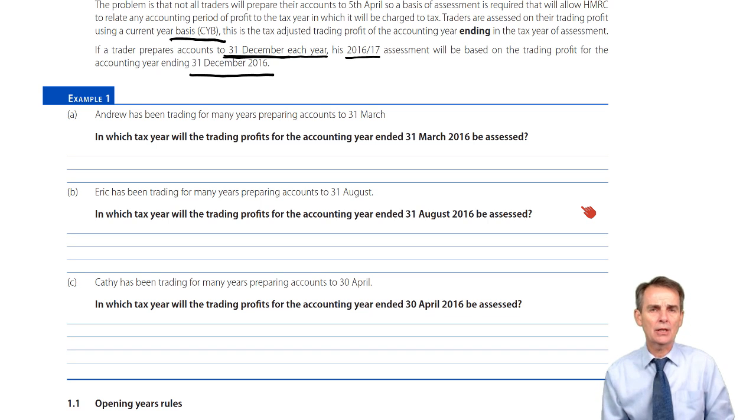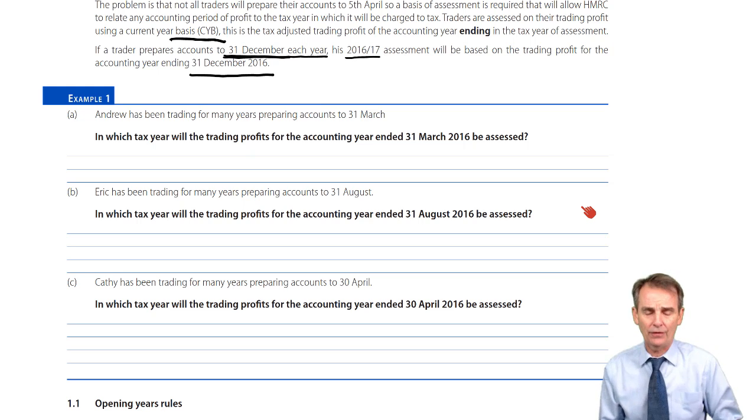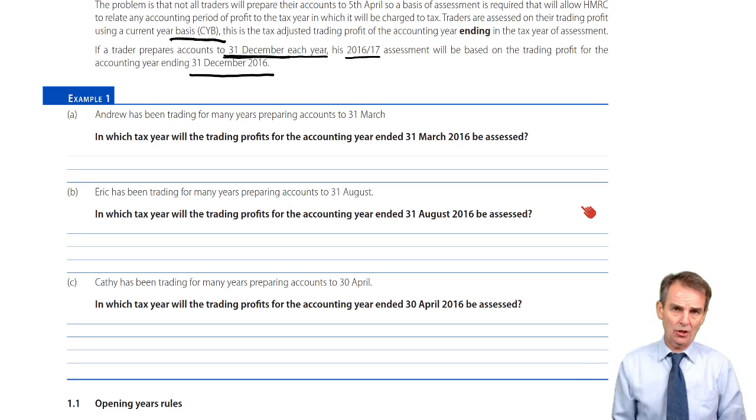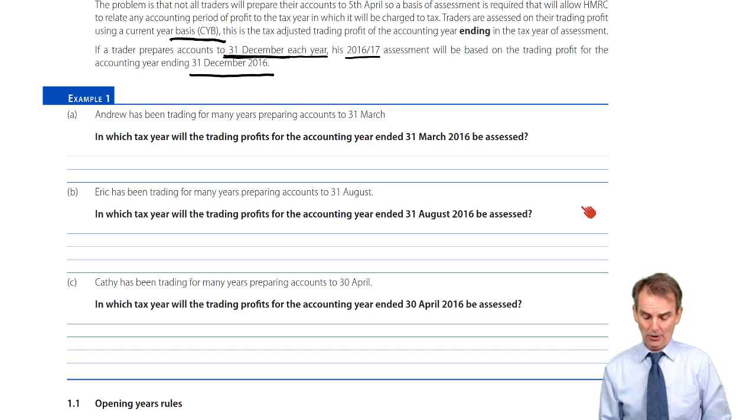That is when a new business first starts to trade and we have to work out assessments in opening years, because current year basis is not going to be immediately available from the first tax year in which the business started to trade. And then what happens in closing years when the taxpayer ceases to trade? There are special rules that need to be learnt and practiced, and that's the way that you will learn them, and we'll deal with that in a moment's time.